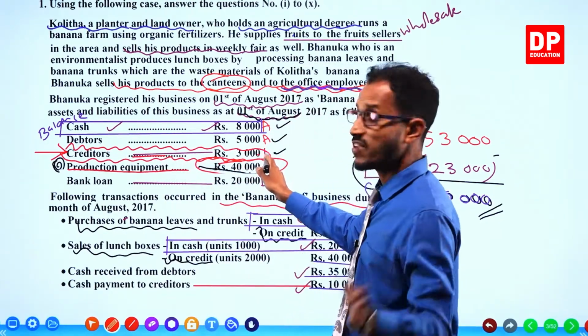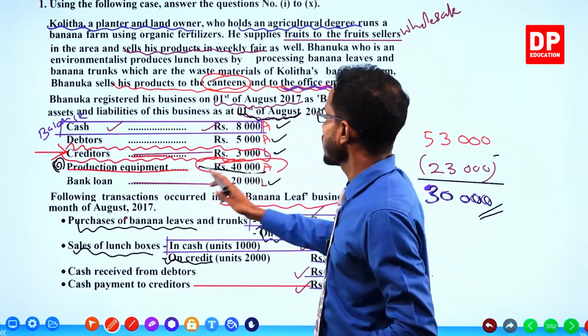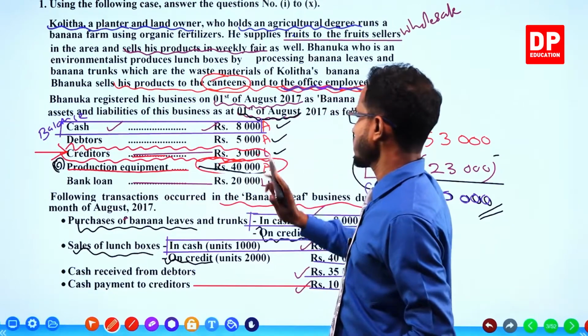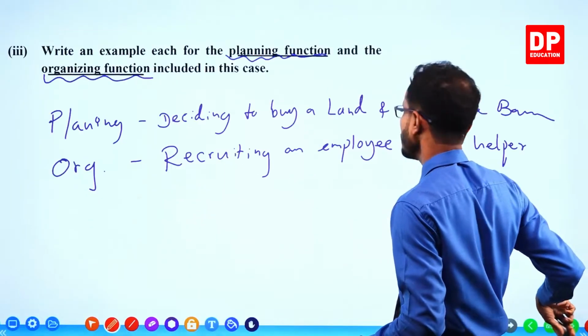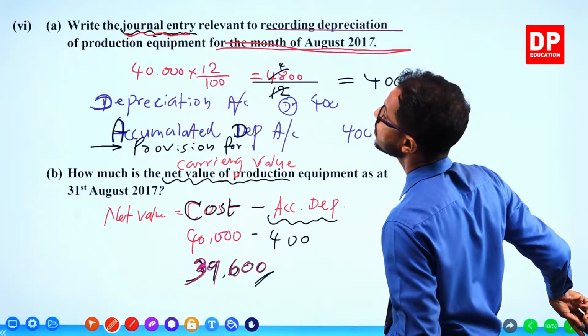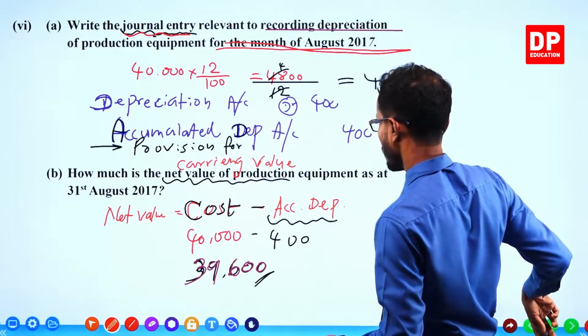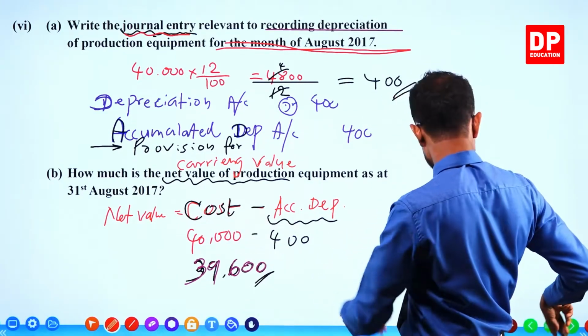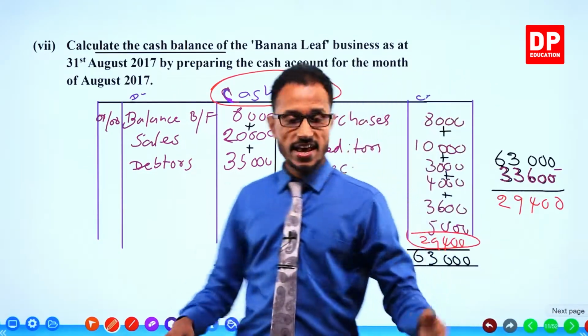Creditors 3,000, but we are not taking 3,000. We took the final balance of creditors, the final value. We calculated creditors' final value. This is the carrying value of equipments. This is the cash.